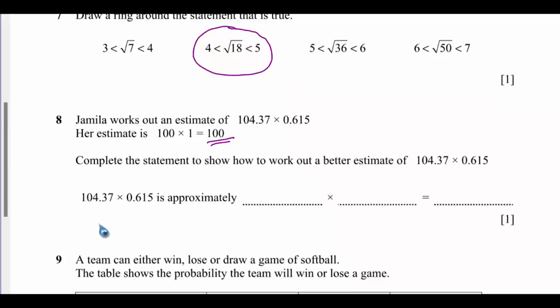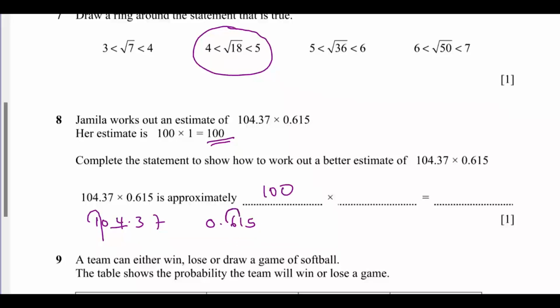So you have 104.37 to one significant figure. You have 1 here, so you round off this. We're going to have 100. That will be to one significant figure. The next one is 0.615 to one significant figure.